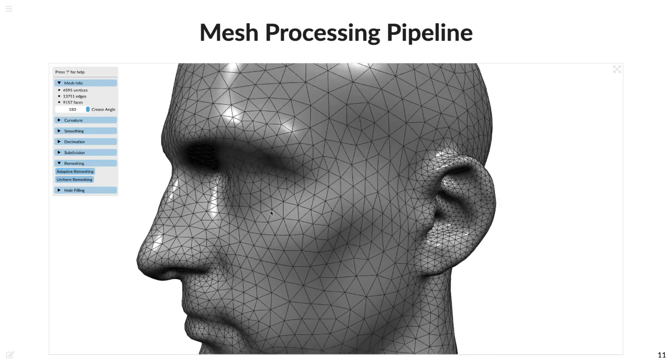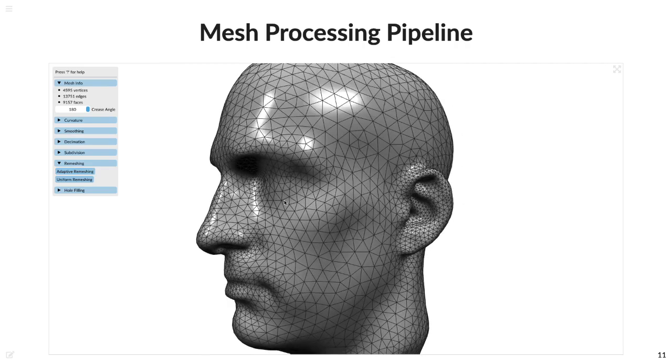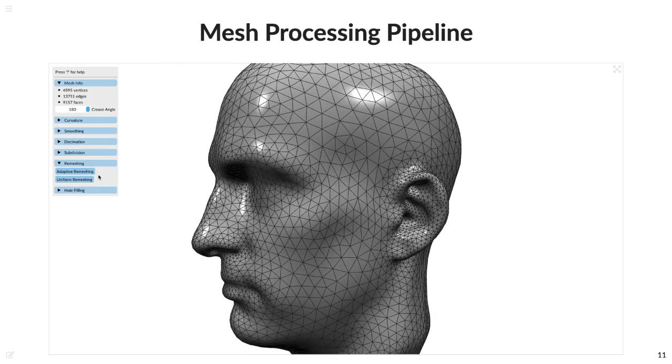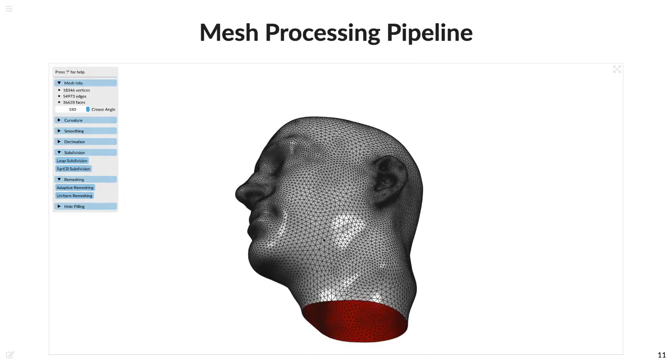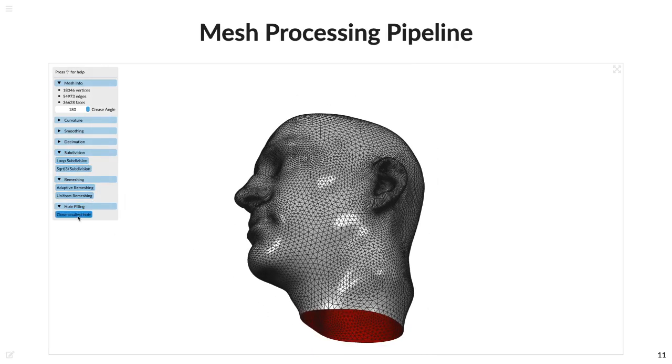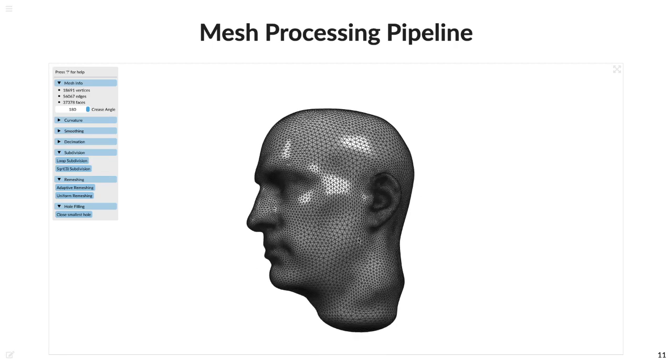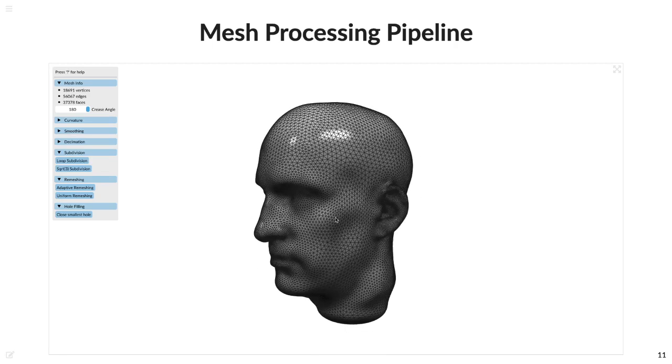So we also have uniform and adaptive remeshing here, where you can put more parameters if you want to have a denser mesh, or you just do subdivision. Or if you don't like the hole that we have here, we also have an implementation of Liepa's hole filling technique. So all these standard algorithms do exist in PMP.